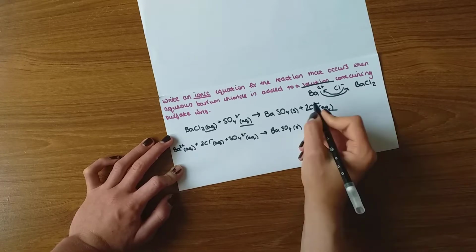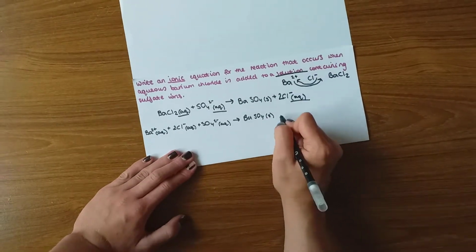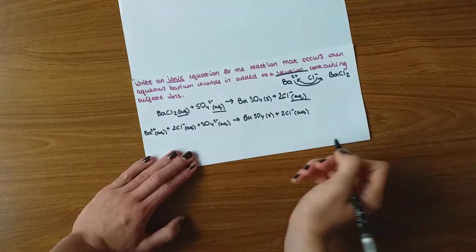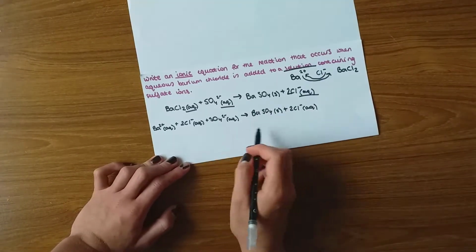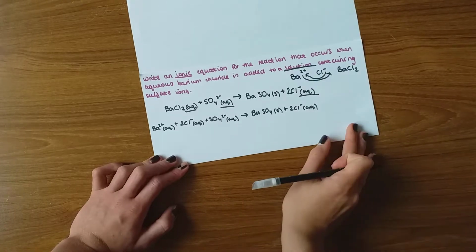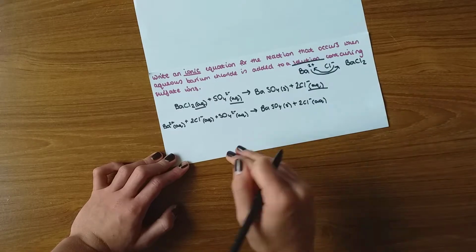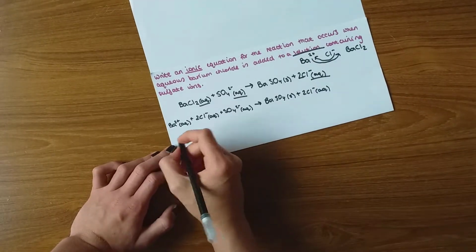This is a solid, so we can't split it into ions, and 2 chlorine ions. If you're not sure how I'm getting here, just visit the blog and go through all the steps first and then come back and do the questions with me.